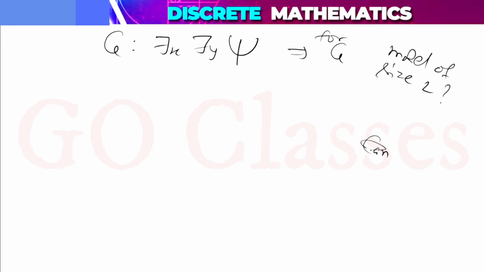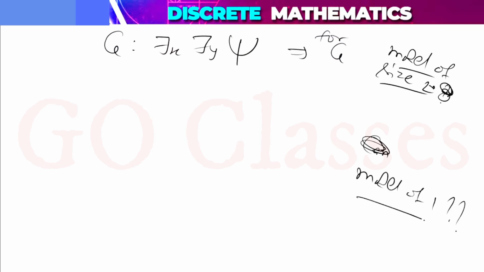Basically, a model of size 2 is given to you. Now, can you guarantee that a model of size 1 will be there? Tell me. This is your formula: there exists X, there exists Y, psi. Can you guarantee a model of size 1?